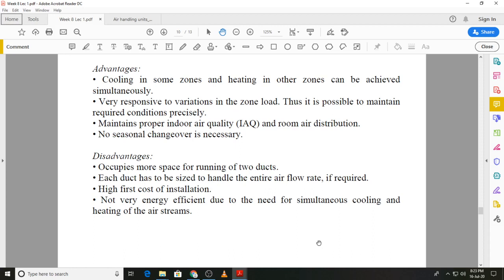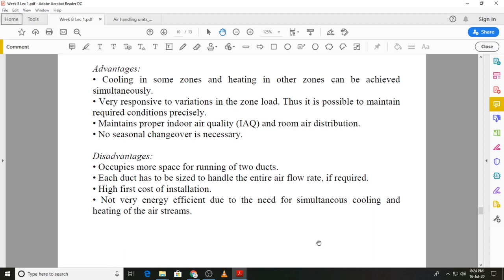And again it responds very well to variations in zone load and maintains precise conditions in the conditioned space. Indoor air quality is also maintained properly, and no seasonal changeover is necessary, that if you want to shift from winter to summer air conditioning, the same system can be seamlessly used for that.